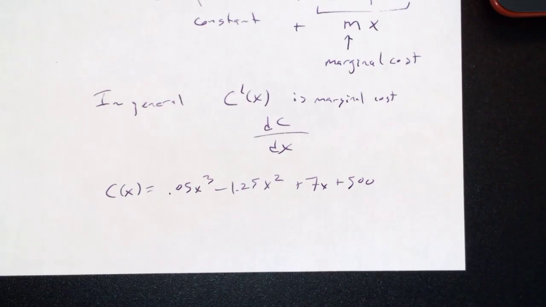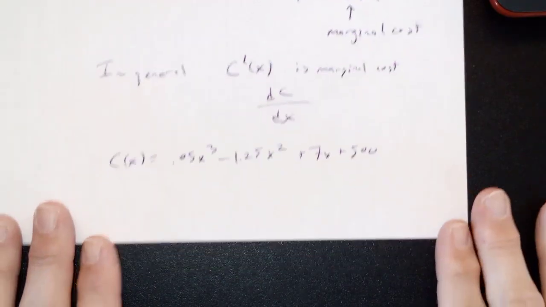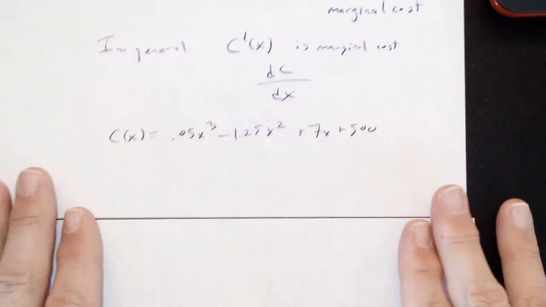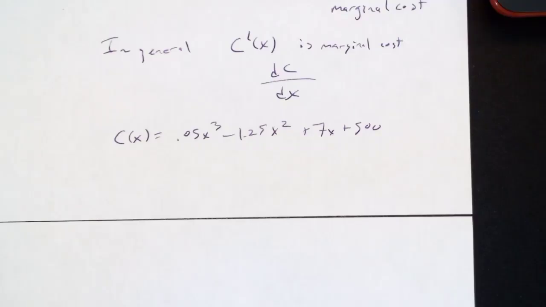Here is a slightly more complicated cost equation. You can see it's a cubic equation that is still roughly increasing over time, which makes sense. The more graham crackers I make, the more expensive it is. Let's suppose my production line is right now making 15 units worth, and I want to go to 16 units.